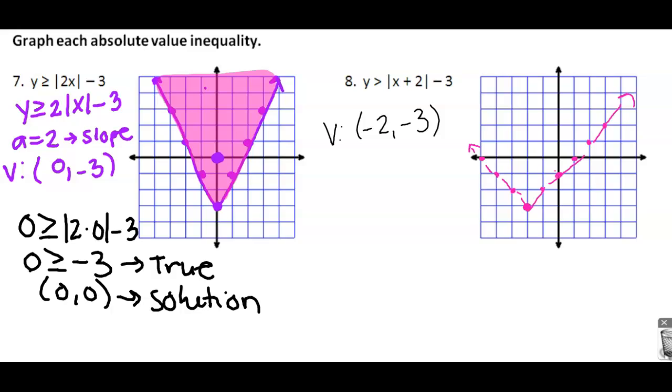Now, y is greater than. So it's the same question as before. Where are the y values going to be above the line? Because greater than is above. So in the V or out of the V?